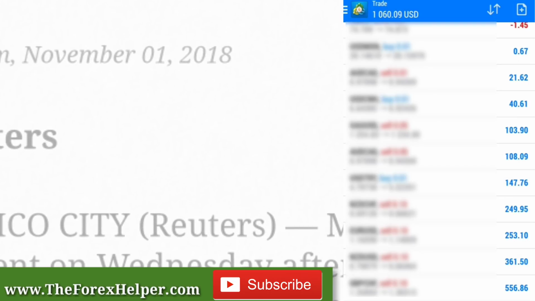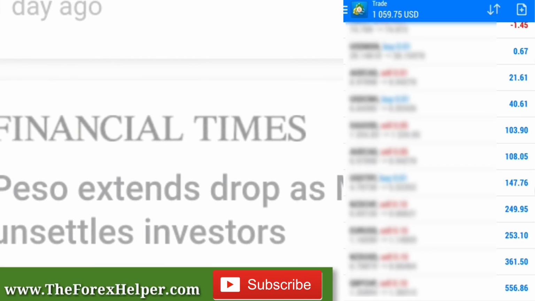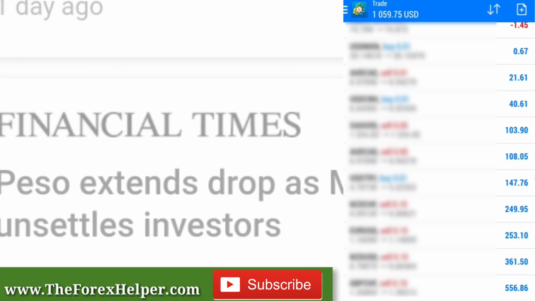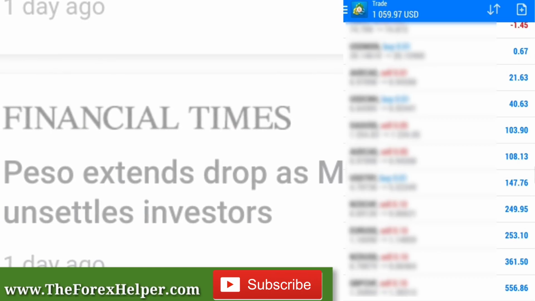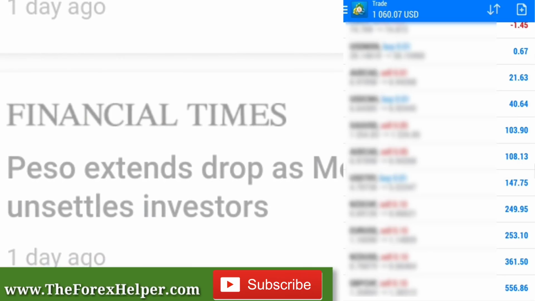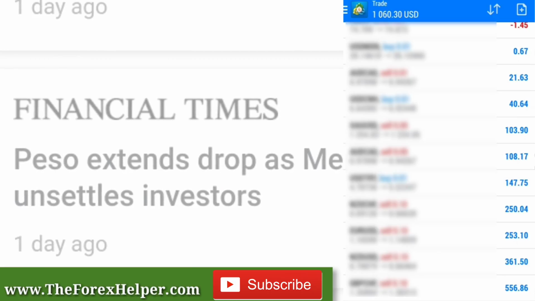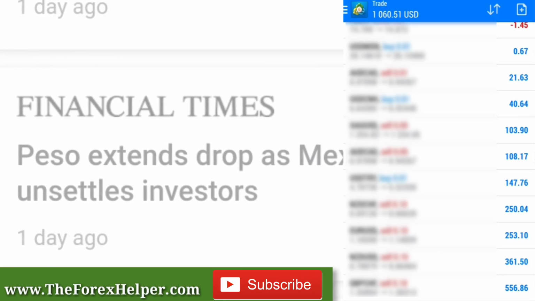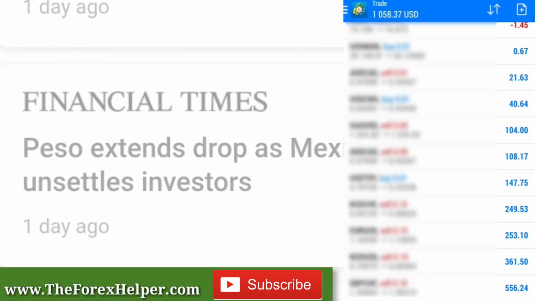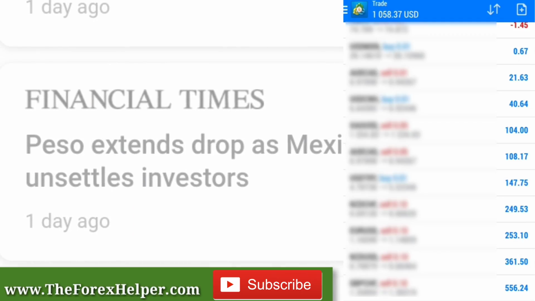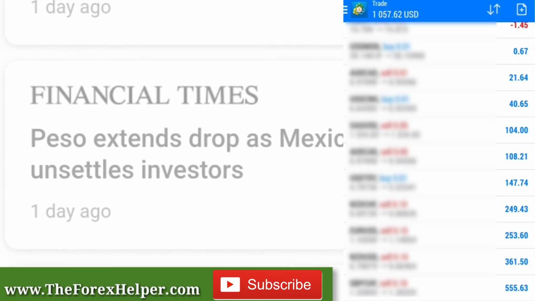So the dollar, Mexican peso, I'm talking about the Mexican peso by itself, was doing very well for the past couple of months, 3 months, 4 months. Well, let me back up. So the Mexican peso was doing very well. And then we started seeing pressure being applied to this whole currency pair, dollar versus Mexican peso.